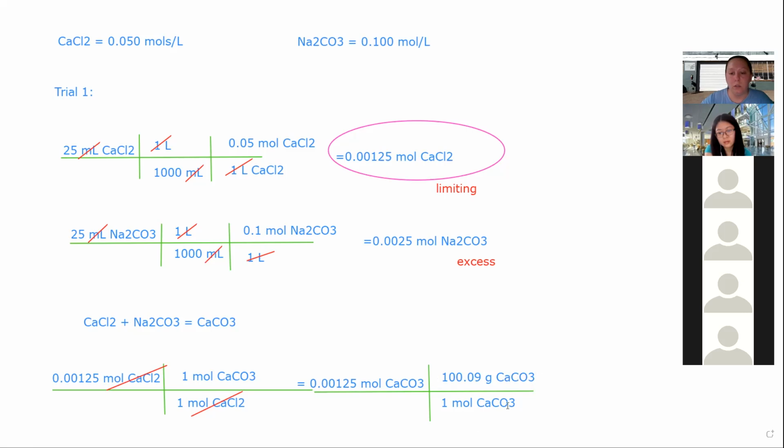And again, we're using this relationship in its regular form because we want to cancel out the moles here, and we want to be left with grams. So the total amount of grams we can make, we just need to multiply the amount of moles by the molar mass. So 0.00125 times 100.09 gives us 0.125 grams of calcium chloride. I mean, calcium carbonate. Okay.